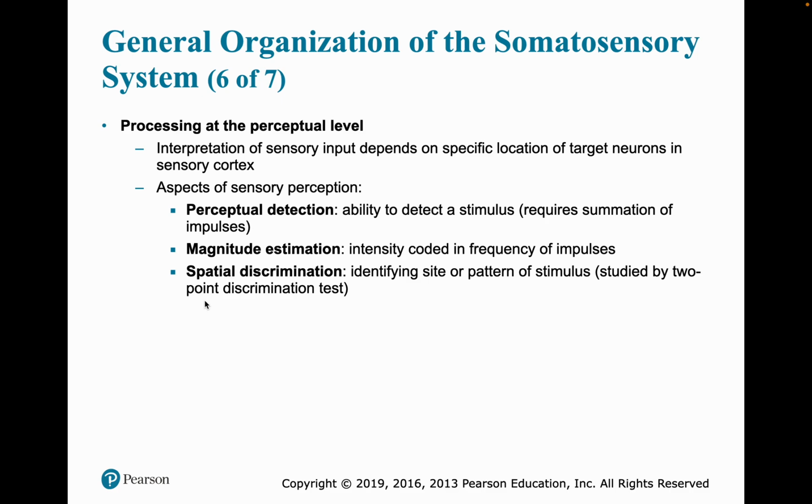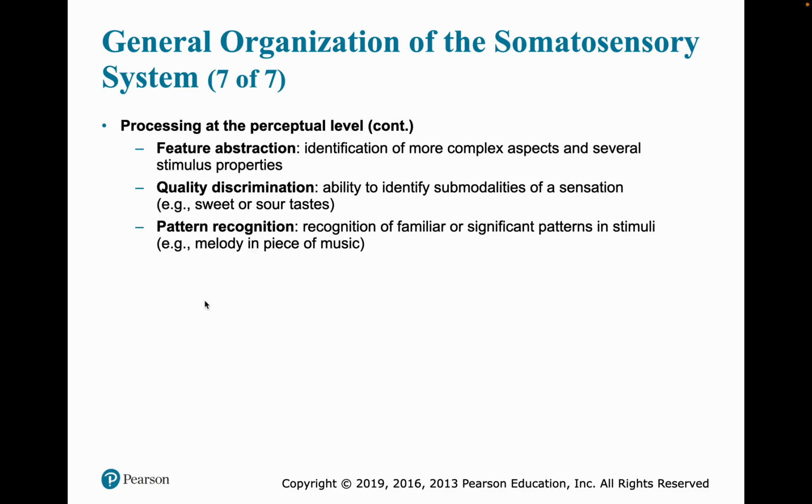Spatial discrimination, we can identify sites or patterns of stimuli that we can look at in the lab with a 2-point discrimination test. We have feature abstraction, which identifies one or more complex aspects of several stimuli properties. Quality discrimination, submodalities, is it a sweet taste or a sour taste? And very important, pattern recognition. Is this a familiar, significant pattern in stimuli?